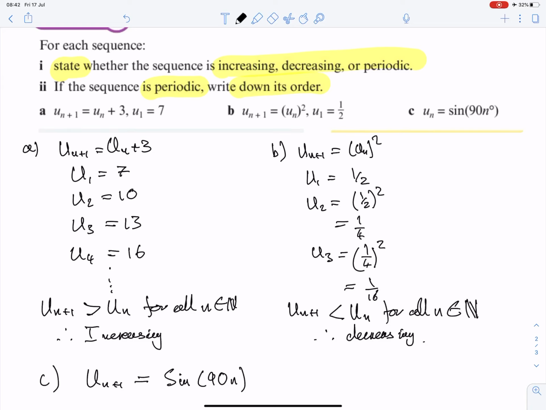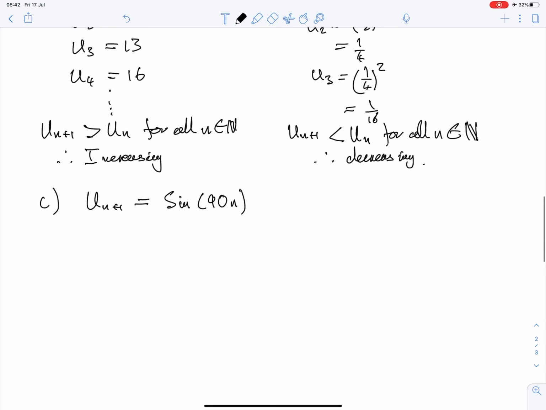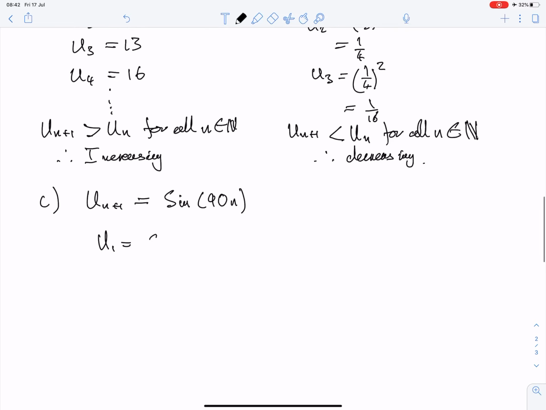We've not been given our first term, but all we do is begin. u1 is equal to sine of 90 times 1. We've put our first term in for n. Sine of 90 is equal to 1.